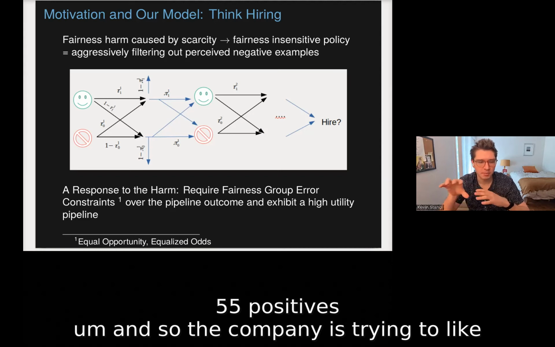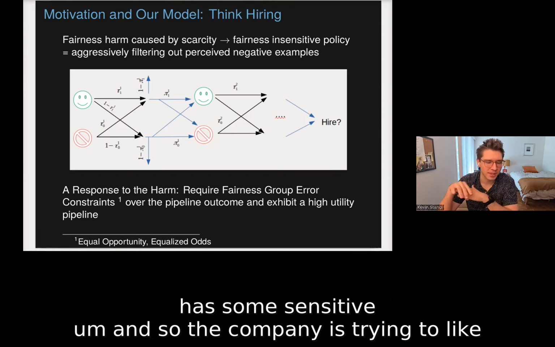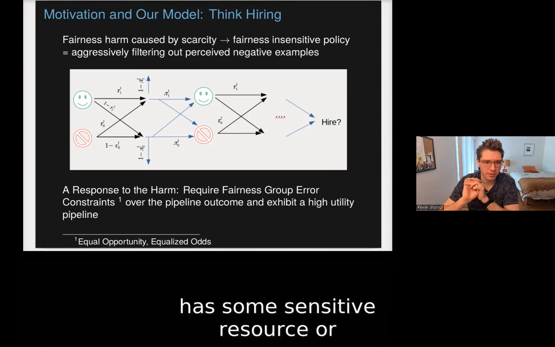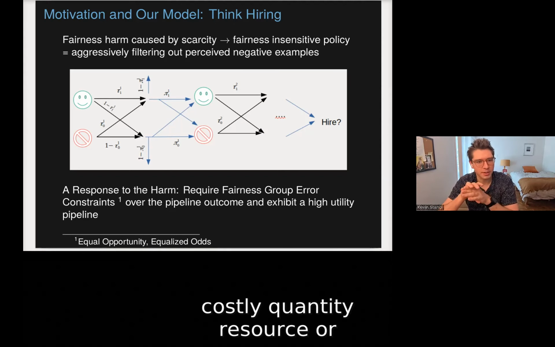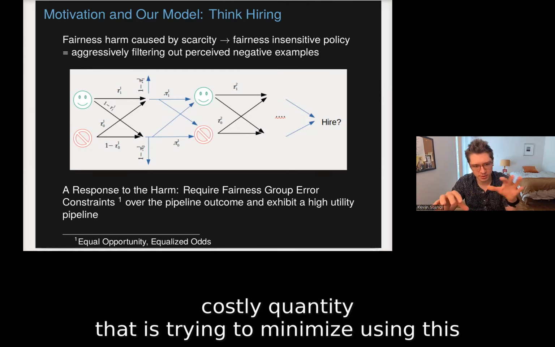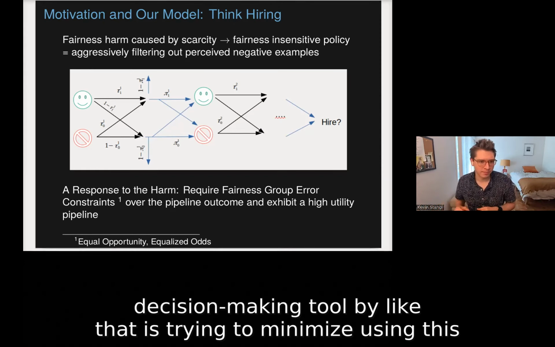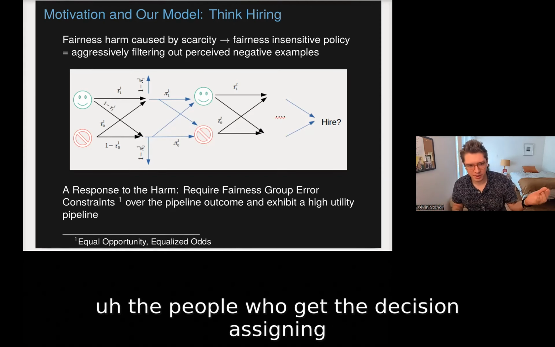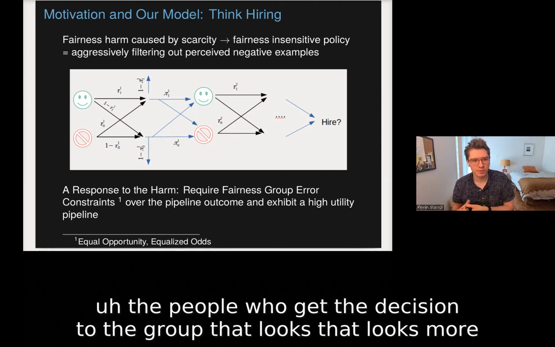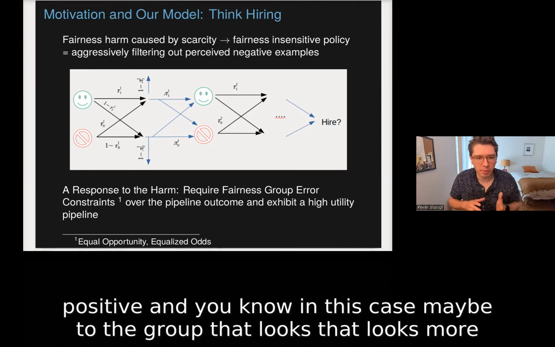The company has some sensitive resource or costly quantity that it is trying to minimize using this decision-making tool by assigning the decision to the group that looks more positive.